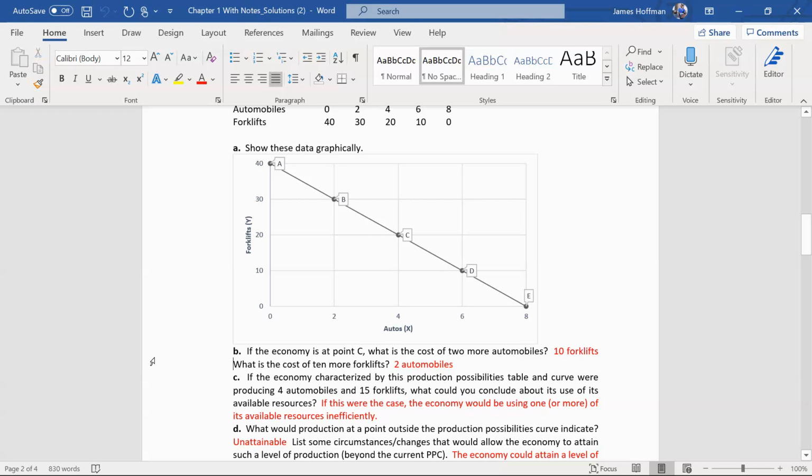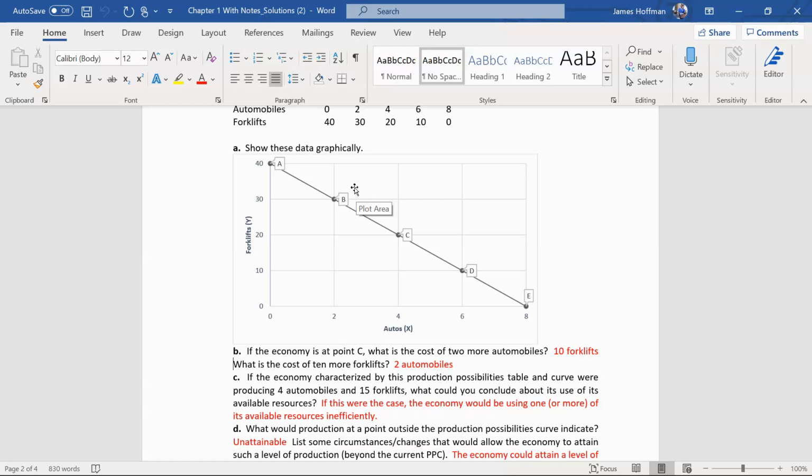Okay, but if you go the other way, if you want to produce more forklifts instead, which is essentially going from point C to point B, going from here to here. So to produce those 10 extra forklifts, you have to give up production of some automobiles, and you can see that you have to give up 2 automobiles.